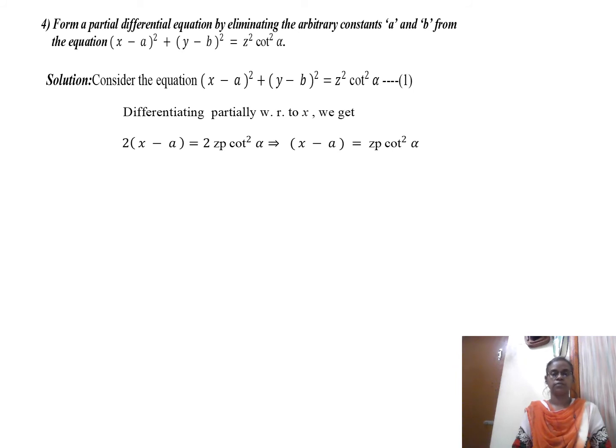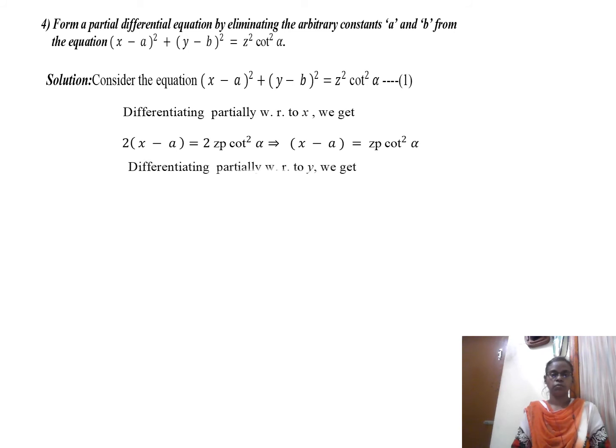When we differentiate that with respect to x, first, z squared, what do we get? 2z into dou z by dou x. So that is going to be p into cot squared alpha. Cot squared alpha is going to be a constant. So we can just write that, which implies x minus a equal to zp cot squared alpha.